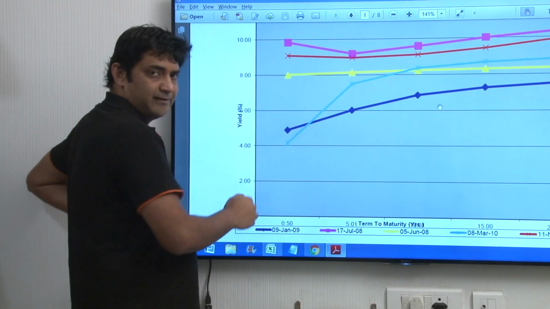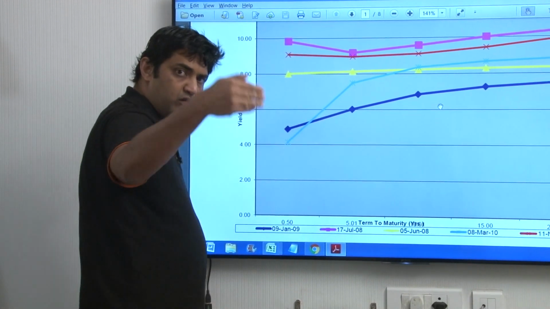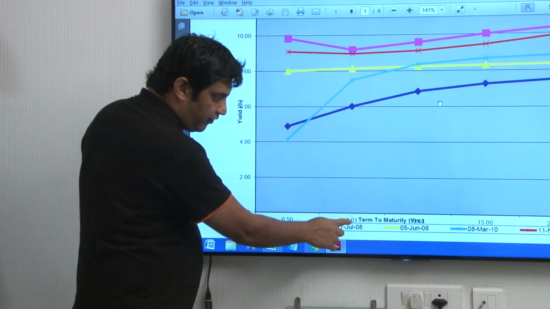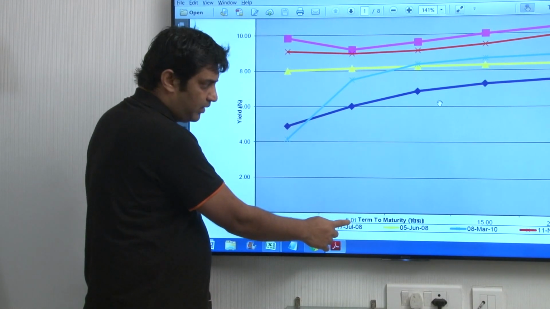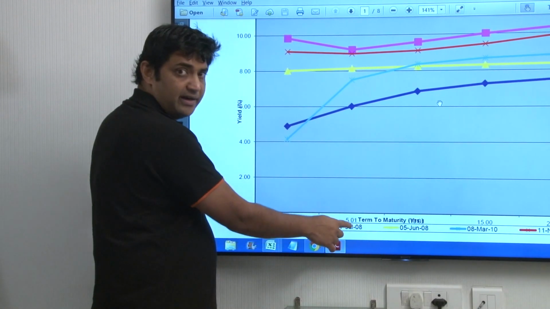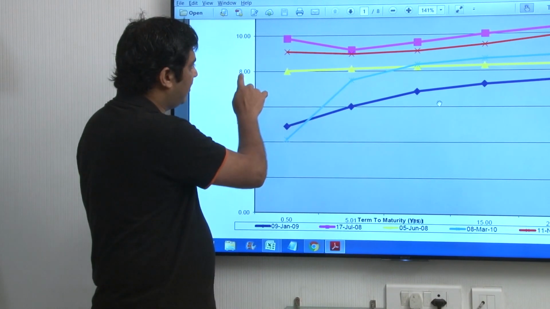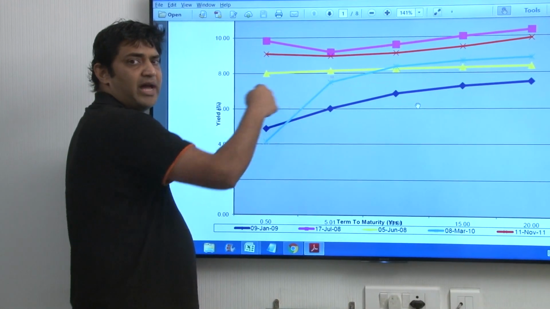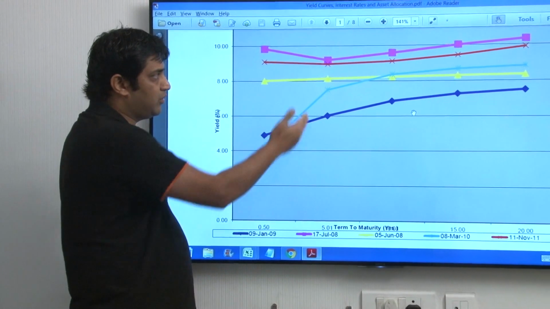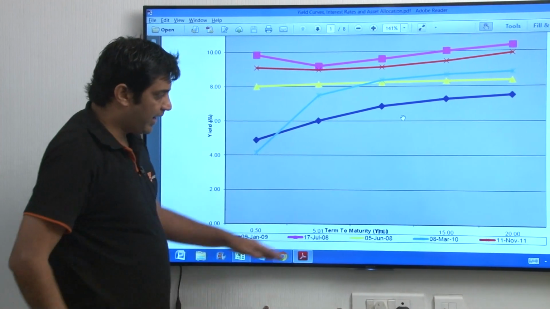So 0.5 is 8%. Now if you were to invest in a 5-year paper in the same June 2008, then you were ready for 8%. You were happy with 8%. The government was also ready to borrow at 8%, and so on and so forth.